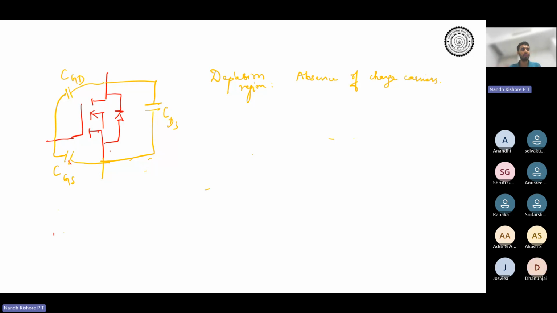And you can understand that if the voltage blocking increases, let's say you go from 100 volts to 400 volts, then obviously the depletion region's width is going to vary. And as the width varies, the capacitance is also going to vary. So these capacitances are intrinsic to the device. They are not some capacitance that someone has added. They are due to the device switching.